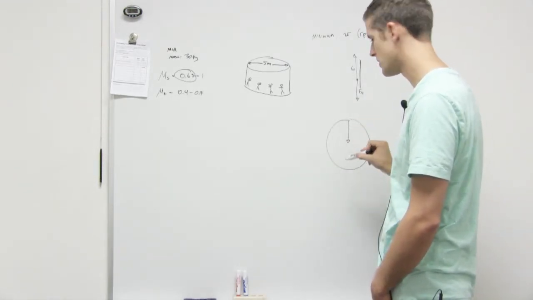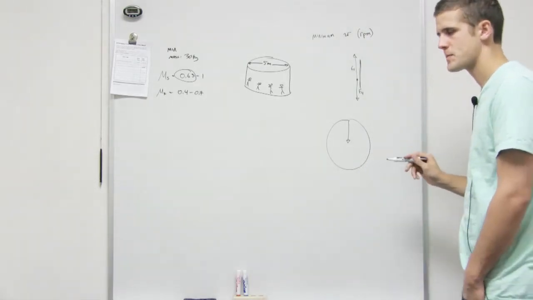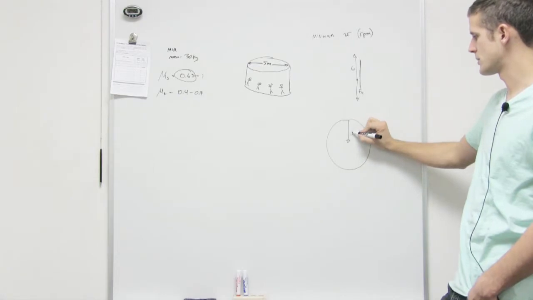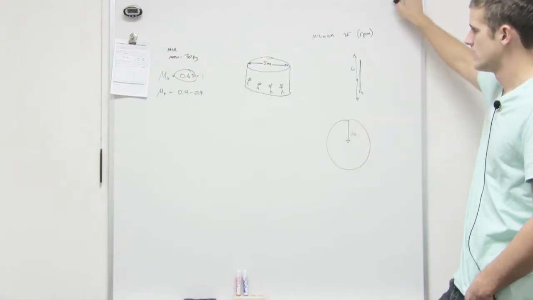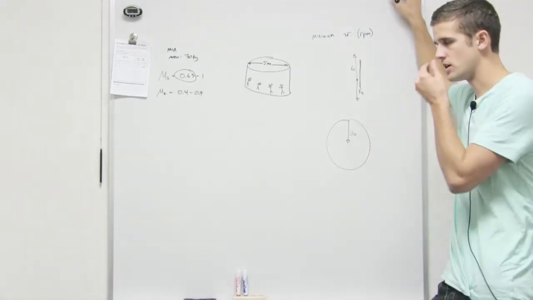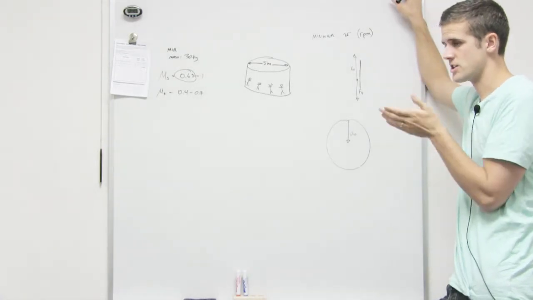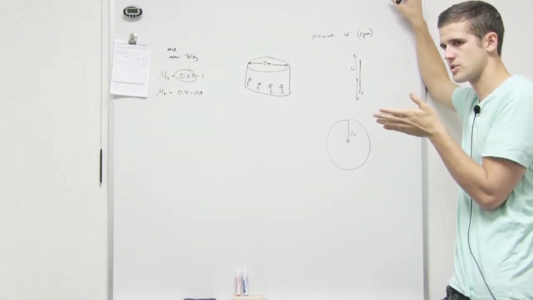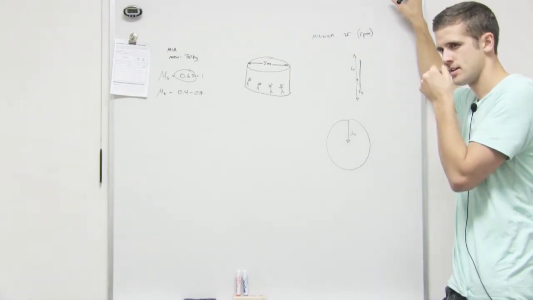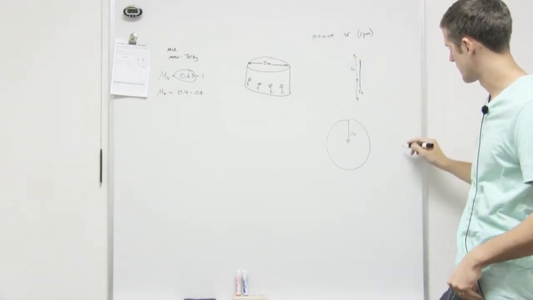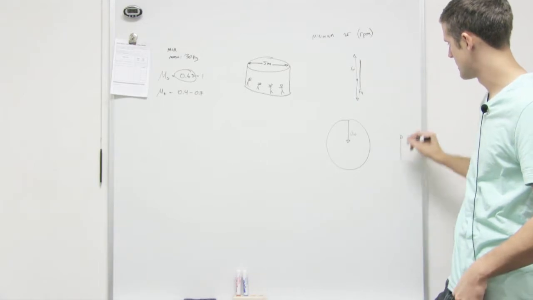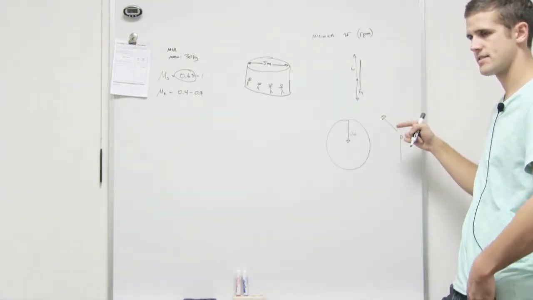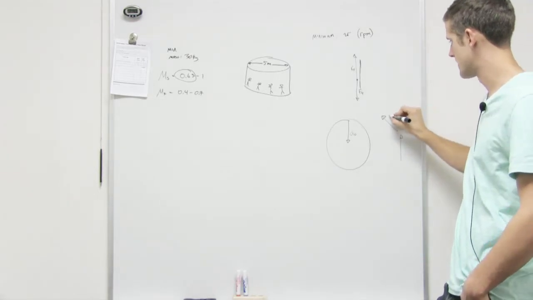But centripetal means towards the center. So there's a centripetal acceleration. Acceleration is a change in velocity or direction, so a change in speed or direction. If you're going along at this speed and you turn this direction, that's an acceleration.